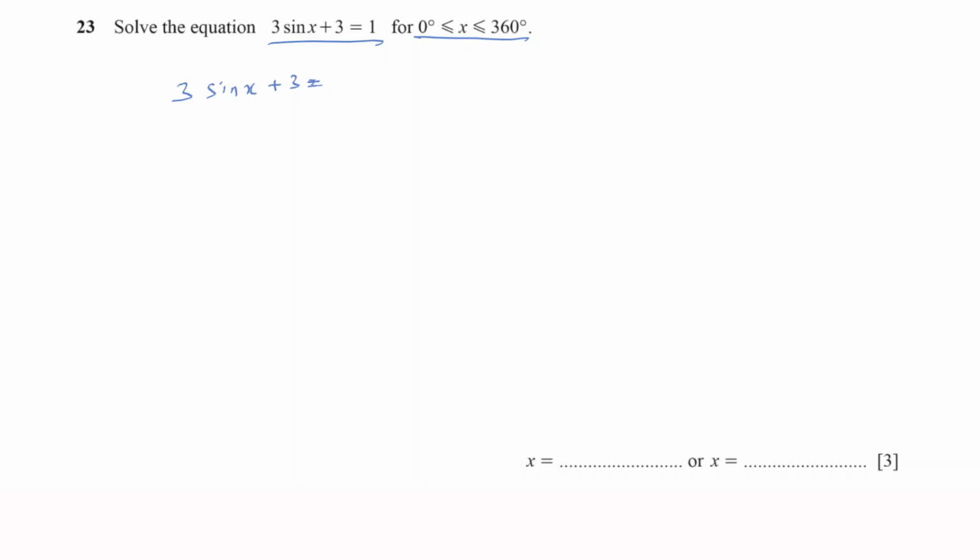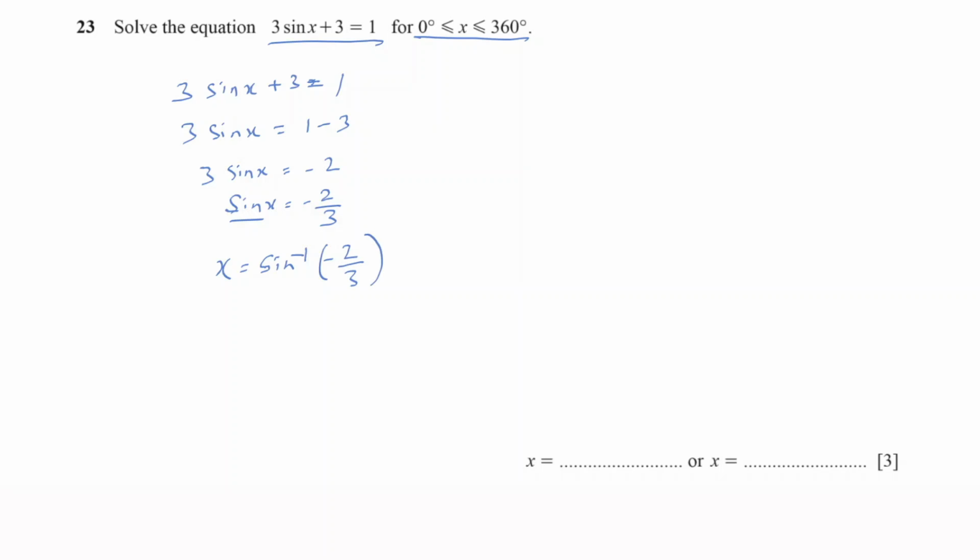Okay, let me write that again. Now if I take this 3 over to that side, it becomes 1 minus 3. So 3 sin x will be equal to minus 2. So sin x will be minus 2 by 3, as this 3 comes down. And x will be equal to sine inverse of minus 2 by 3, because this sine goes to that side.